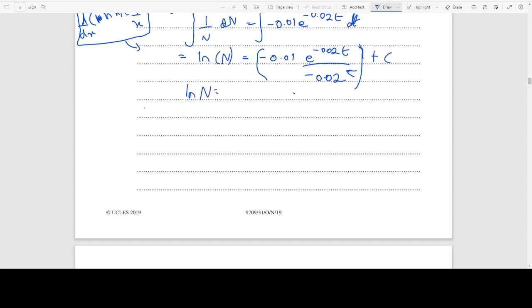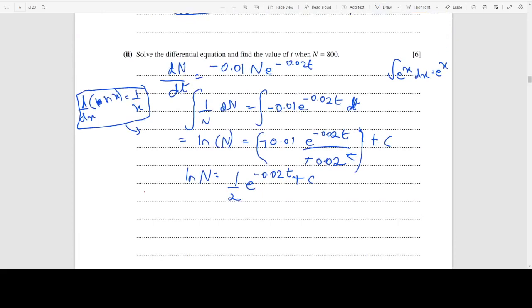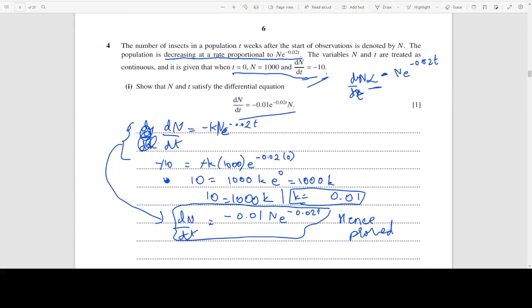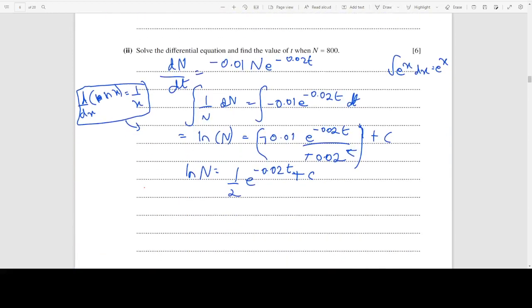ln of n is equal to 1 upon 2 e raised to minus 0.02 t plus c, and we have some constants, right? When t equals 0, n equals 1000.